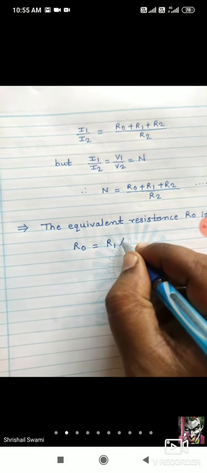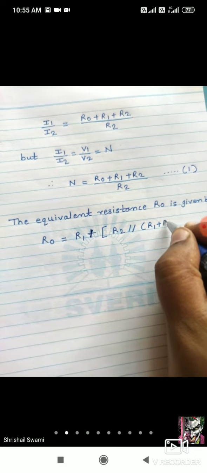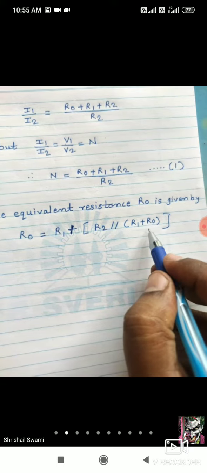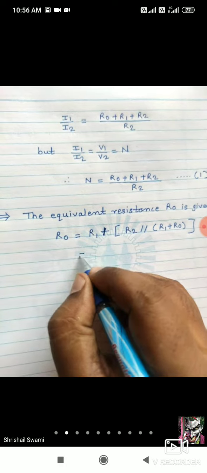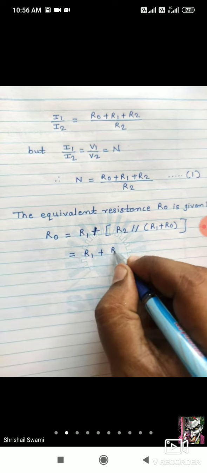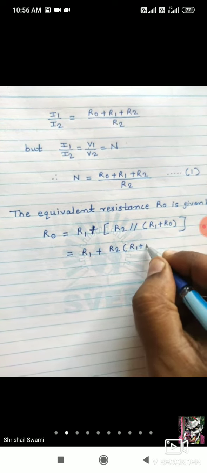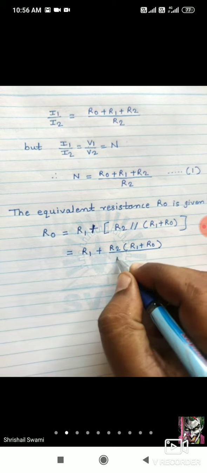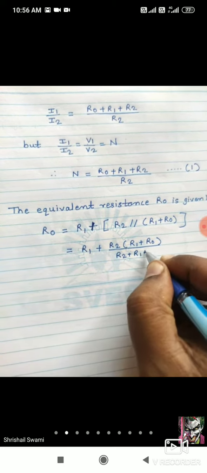So I will write here R1 plus, in bracket, R2 parallel with R1 plus R0. R1 plus R0 are in series, that's why we take a plus. That will be parallel with R2 and the total combination is in series with R1. So solve this. R1 plus as it is, then take the parallel combination, that is R2 into R1 plus R0 divided by R2 plus R1 plus R0.